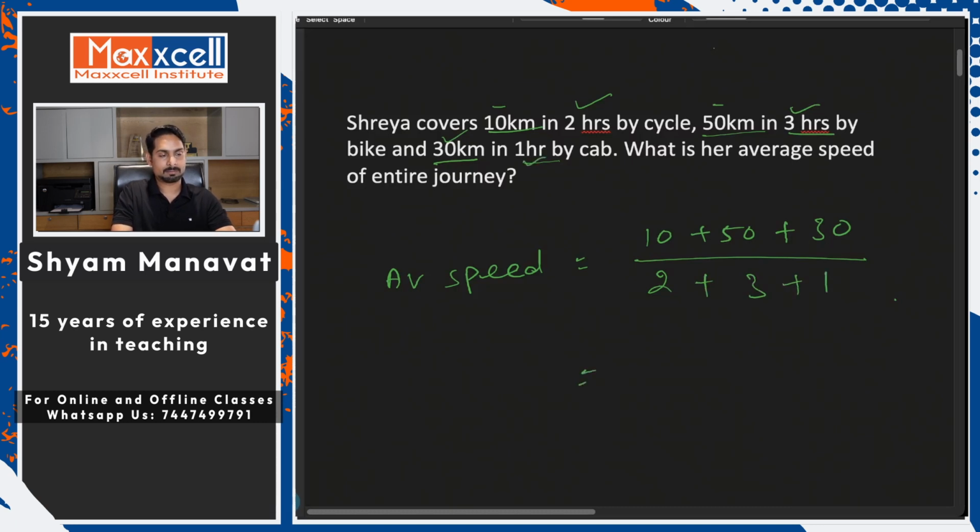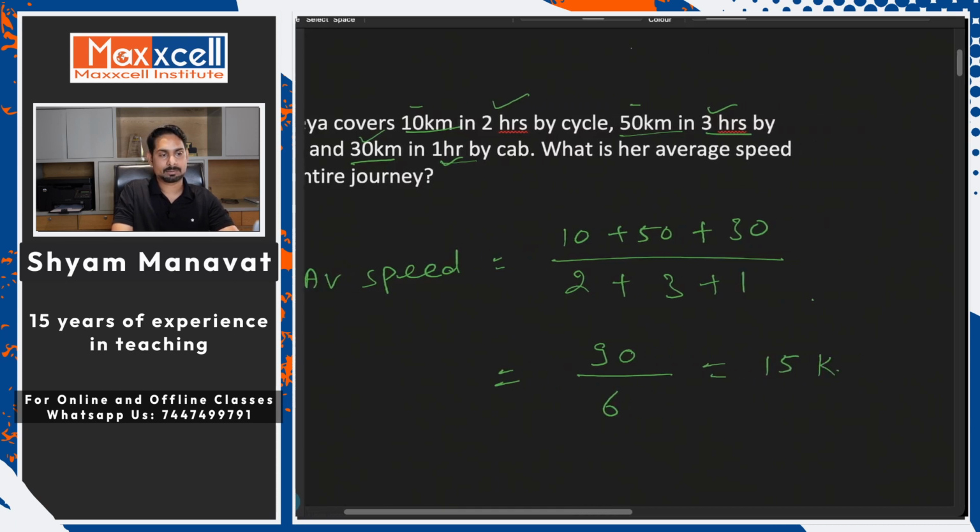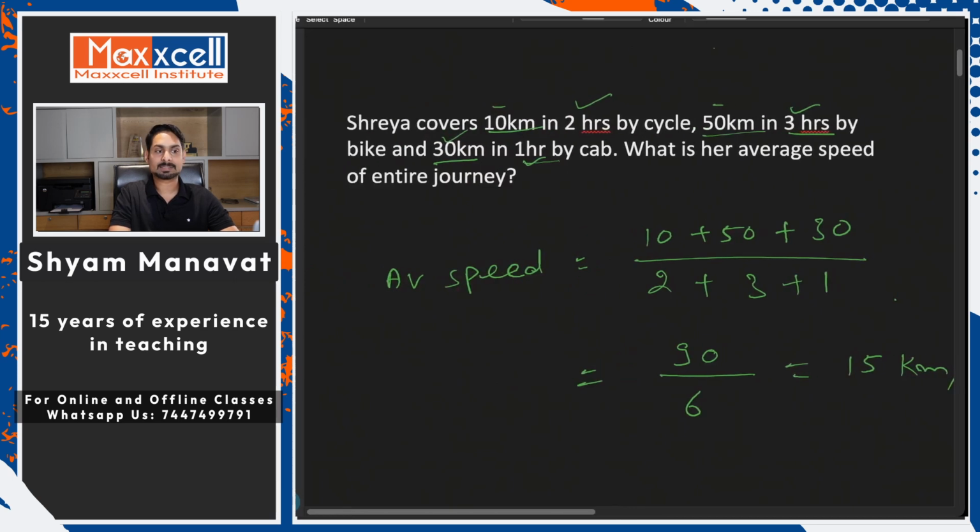So total distance is 90 and total time here is 3 plus 2 plus 1, which is 6. So the average speed is 15 kilometers per hour. Okay, simple. Total distance by total time.